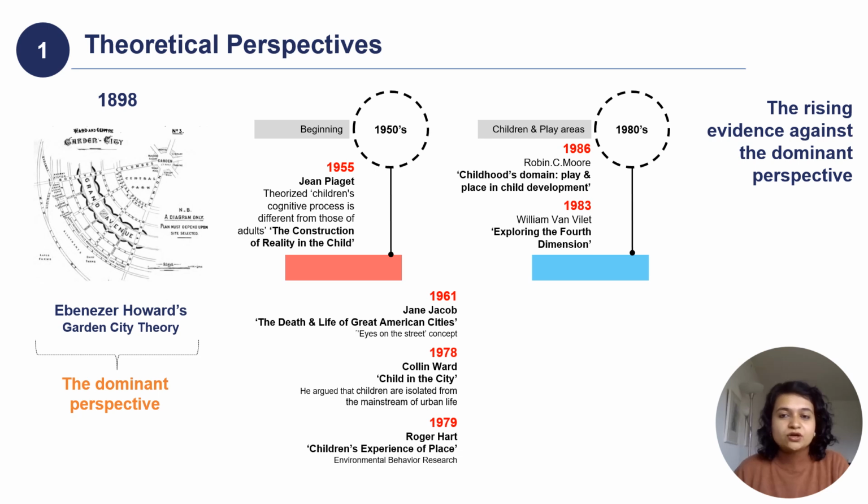Reflecting on this popular concept, works of several prominent researchers such as noted Swiss psychologist Jean Piaget, American-Canadian journalist and activist Jane Jacobs, British anarchist, writer and editor Colin Ward, to child rights academic Roger Hart were highlighting that children experience and interact with cities differently than adults, challenging the existing urban planning narratives.